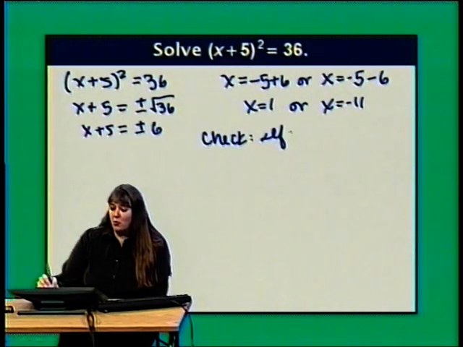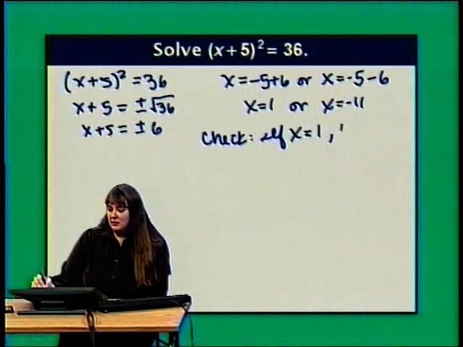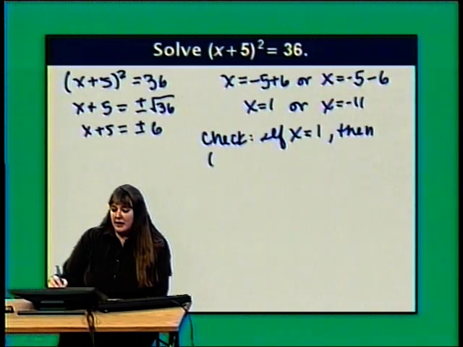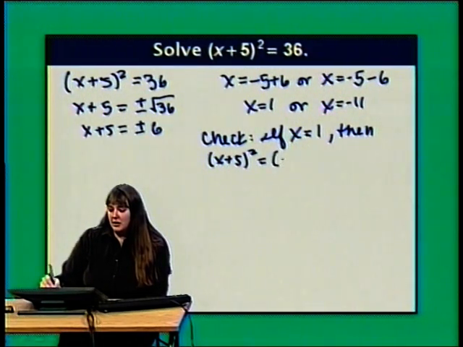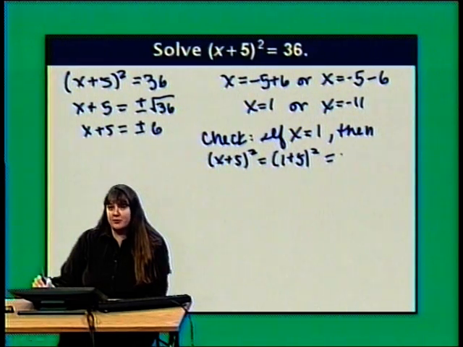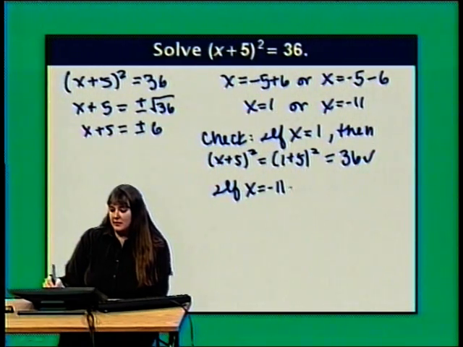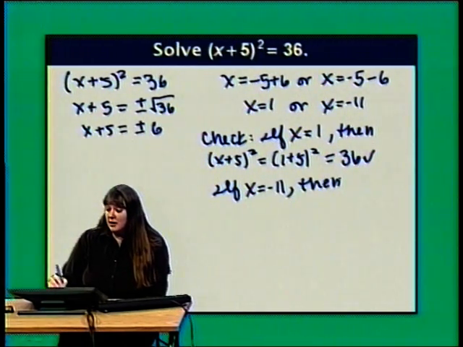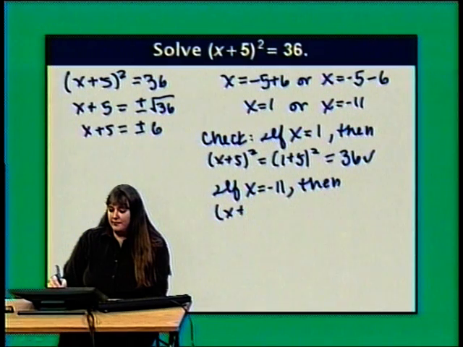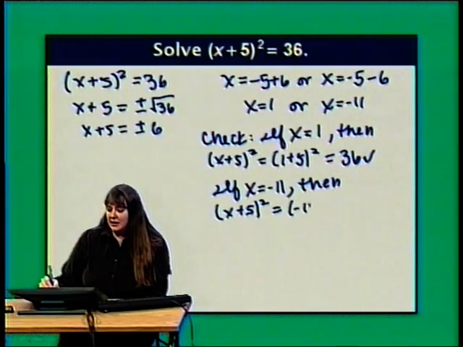So if x equals 1, then x plus 5 quantity squared equals 1 plus 5 quantity squared, which is 6 squared, which is 36. That checks. And if x equals negative 11, then x plus 5 quantity squared equals negative 11 plus 5 quantity squared.